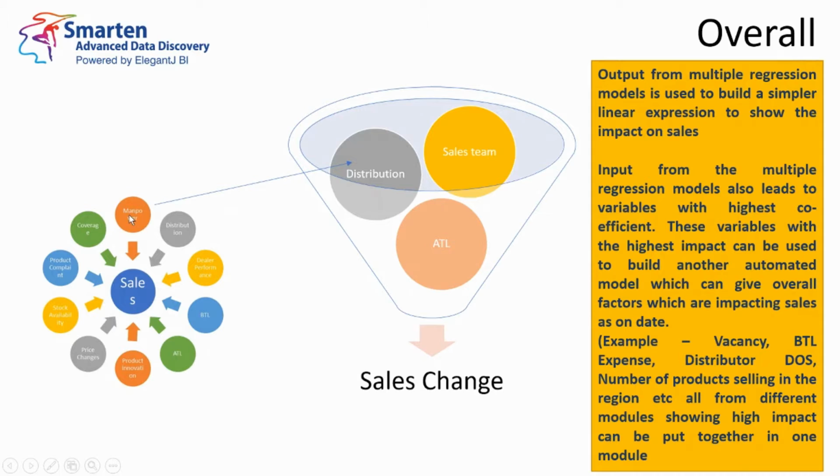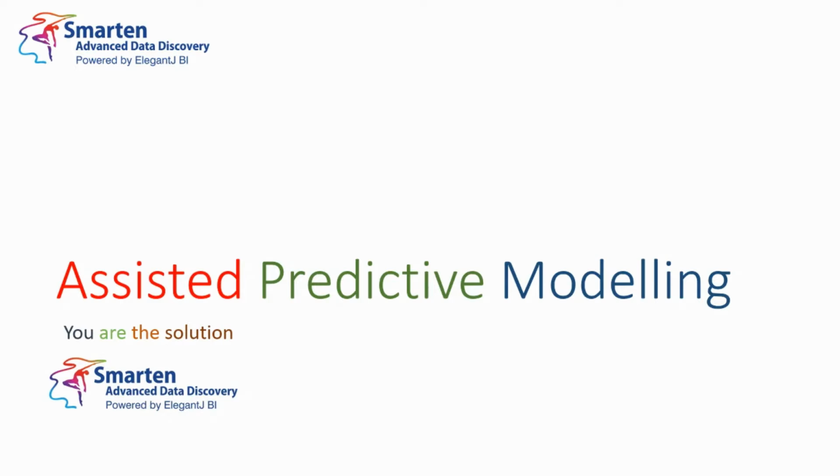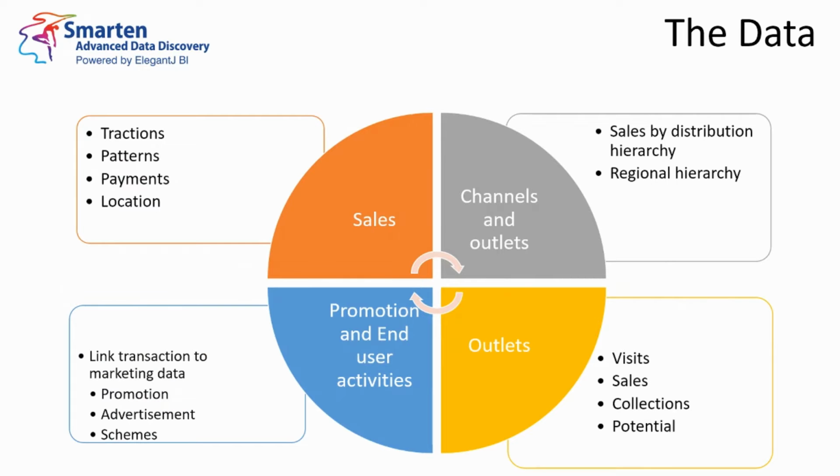Each of these small data sets would possibly have a few values which impact positively and a few values which impact negatively, and all these parameters are put together and you can see the overall impact on sales.